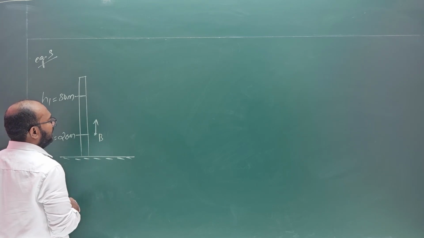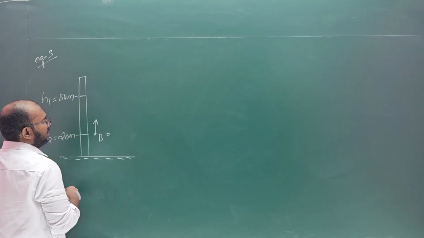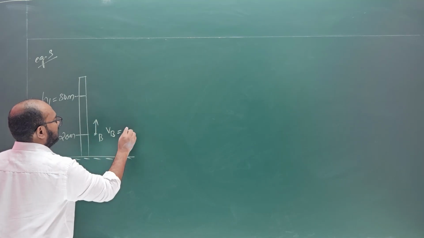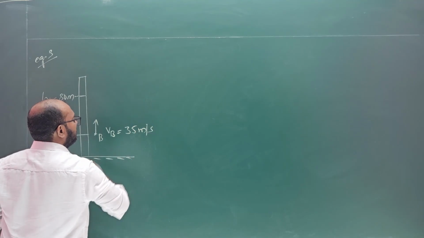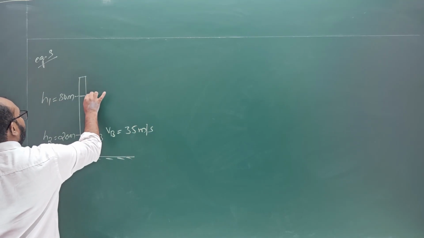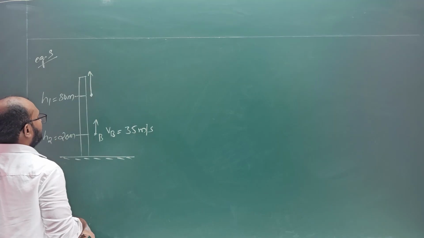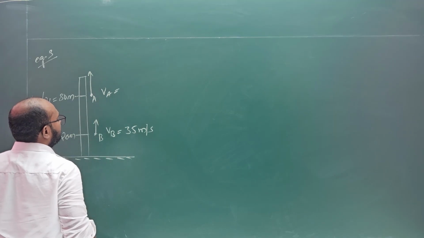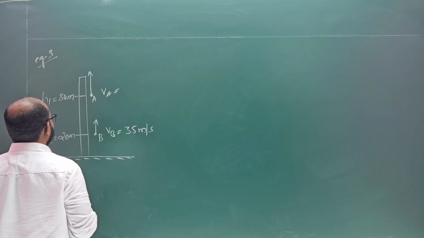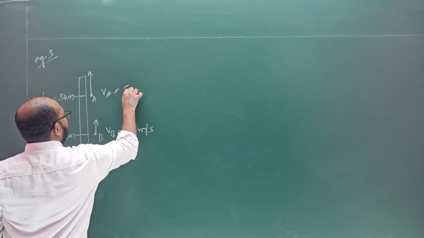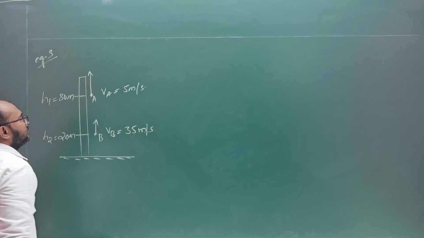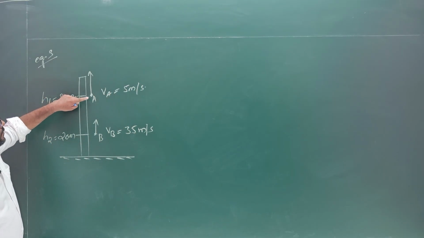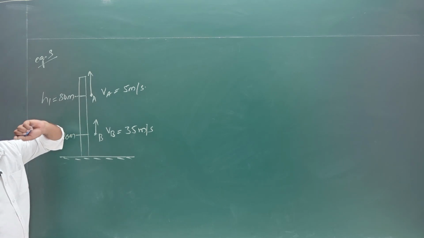Let's say this is B, and this B is having a velocity 35 meter per second, and let's say here is point A, this also being projected in the upward direction. So VA is equals to, let's say 5 meter per second. Okay, again the question remains same, when A and B hit each other.